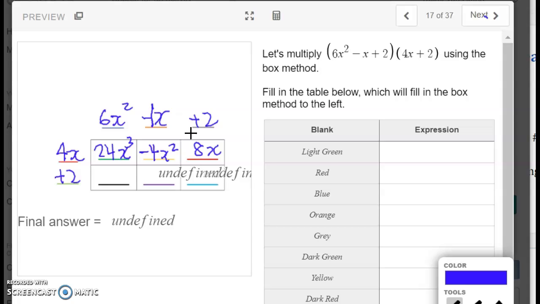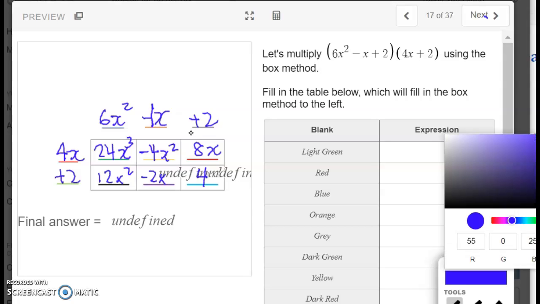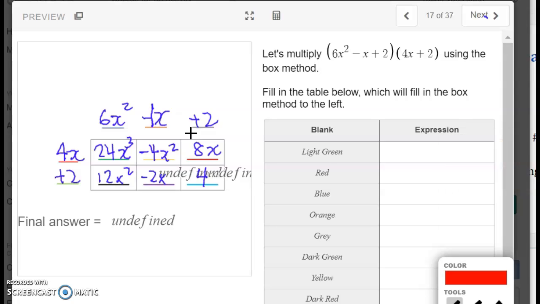6x squared times 2 is going to be 12x squared. Negative x times 2 is going to be negative 2x. And 2 times 2 is going to be positive 4. Okay, so then again, we need to be looking for like terms before our final answer.